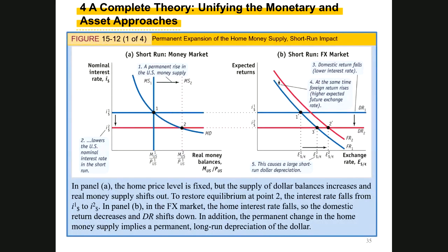If the policy is a permanent raise in the US money supply, okay, remember, previously it was not a permanent expansion. The previous discussion was on the temporary expansion of the home money supply. What about the short run impact? Okay, so this is the permanent policy short run impact.